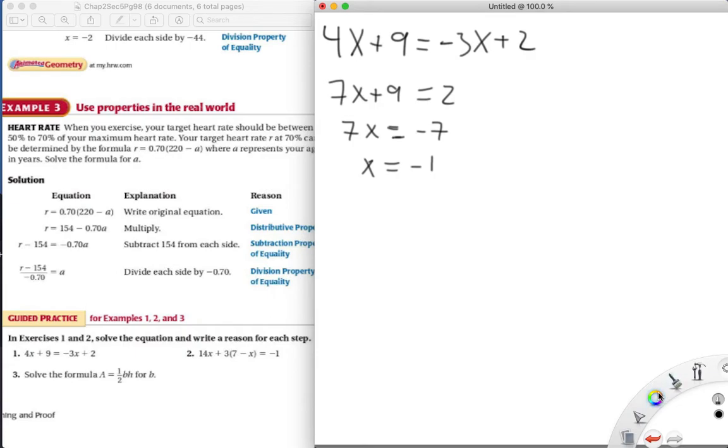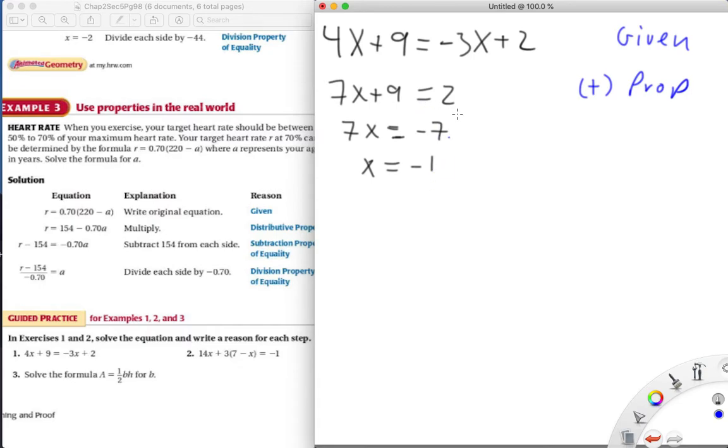Alright, so justification. First side is always given to us. Here we added 3x to both sides, so that's addition property of equality. We could write the addition property and then simplify and all this other stuff.